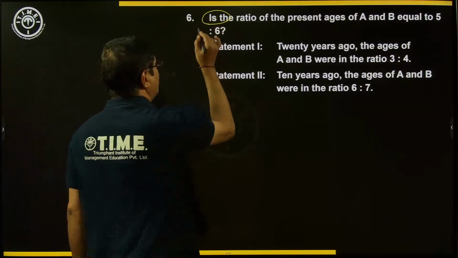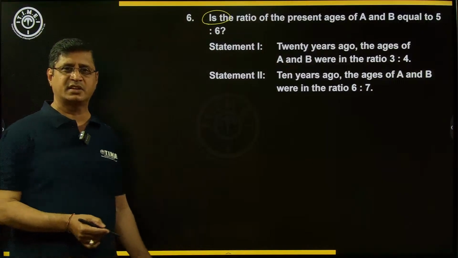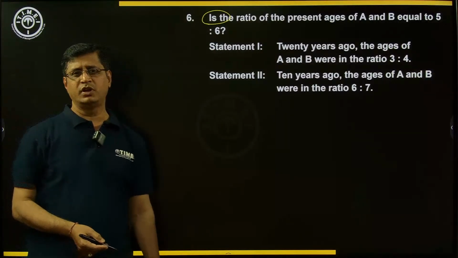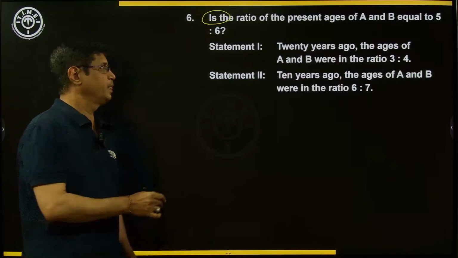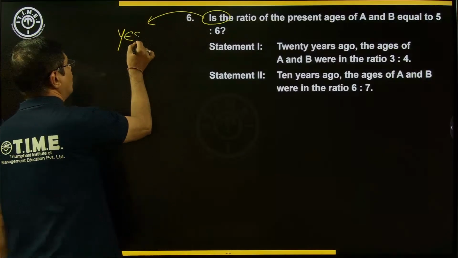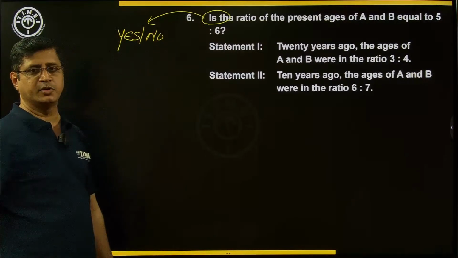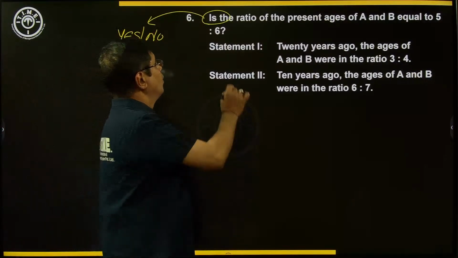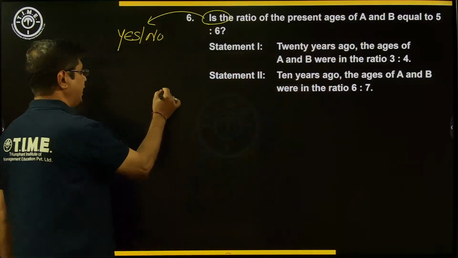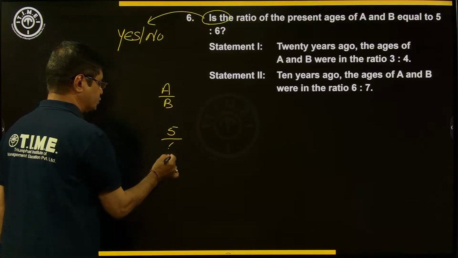Whenever the question starts with is, was, are, were, does, can, will, how, etc., we need to mark the answer by uniquely saying either yes or no. So we just need to say either yes or no by using the given information. Now, is the ratio of the present ages of A and B equal to 5:6?